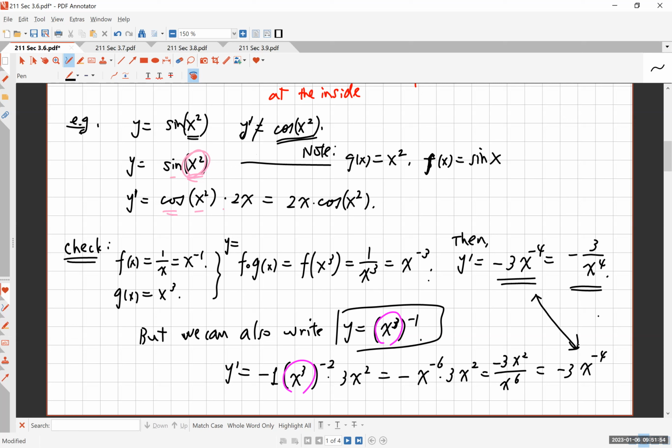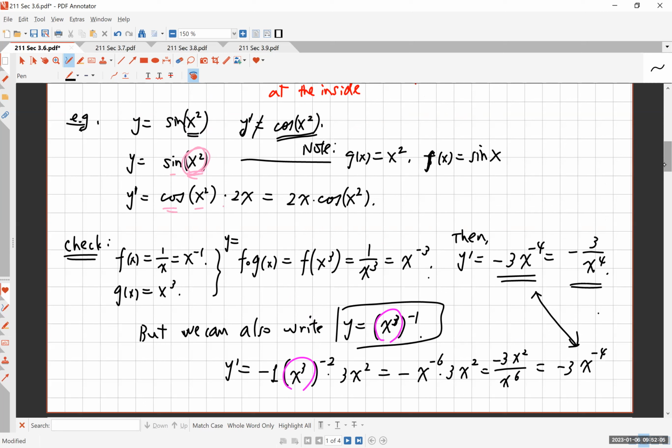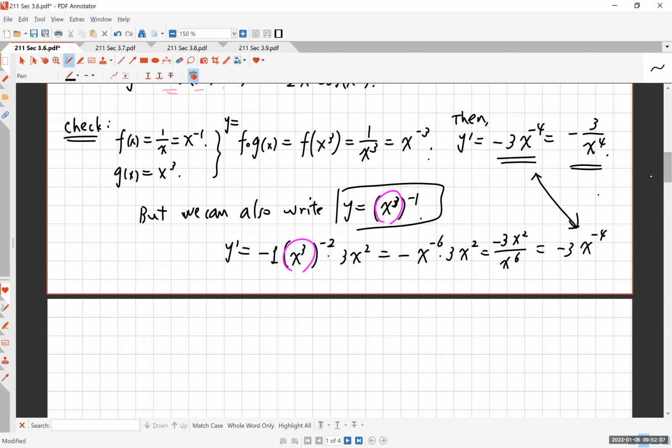So that is the chain rule at work. And you can see that this actually gives you the right answer. And you should not hide the fact that you feel really, really good when you get the answer that you are supposed to. All right, so that's the first part of the chain rule.